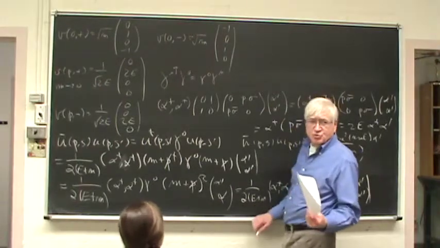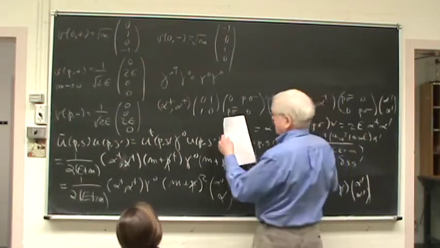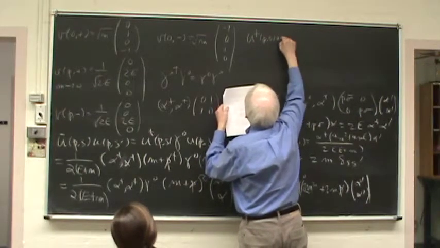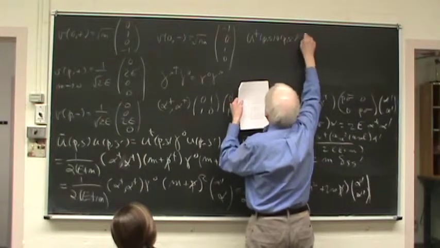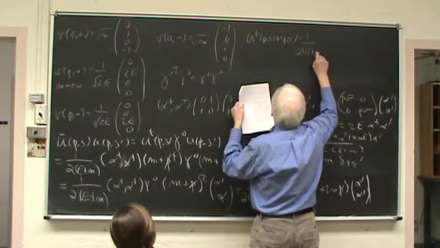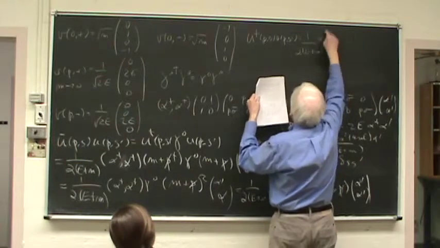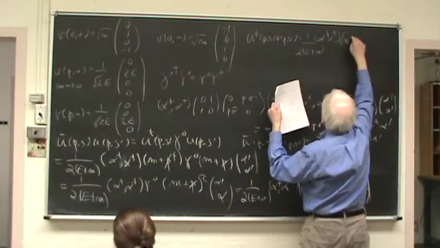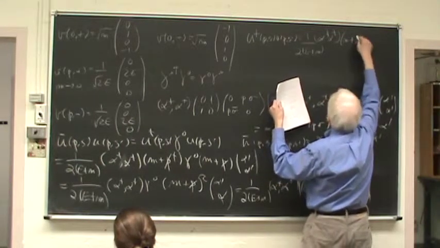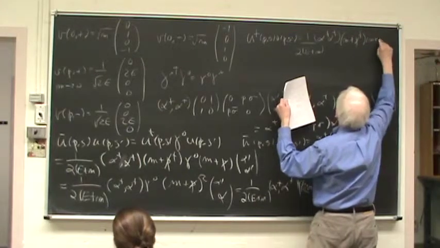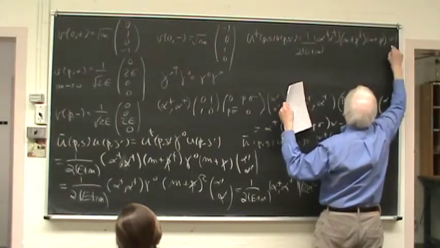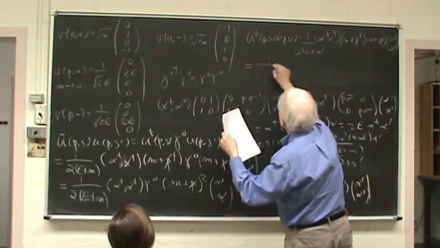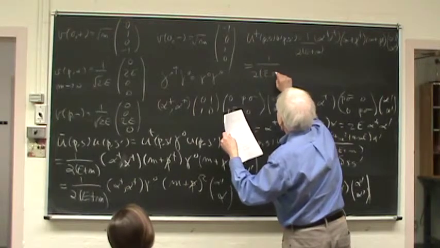All right, so maybe I'll start the calculation here. Now I want to compute the usual inner product, u dagger u. And so we have u dagger of p s, u of p s prime. This is 1 over 2 e plus m alpha dagger. And now this is then (m plus p-slash) dagger, (m plus p-slash), alpha prime. And that's 1 over 2 e plus m, alpha dagger.